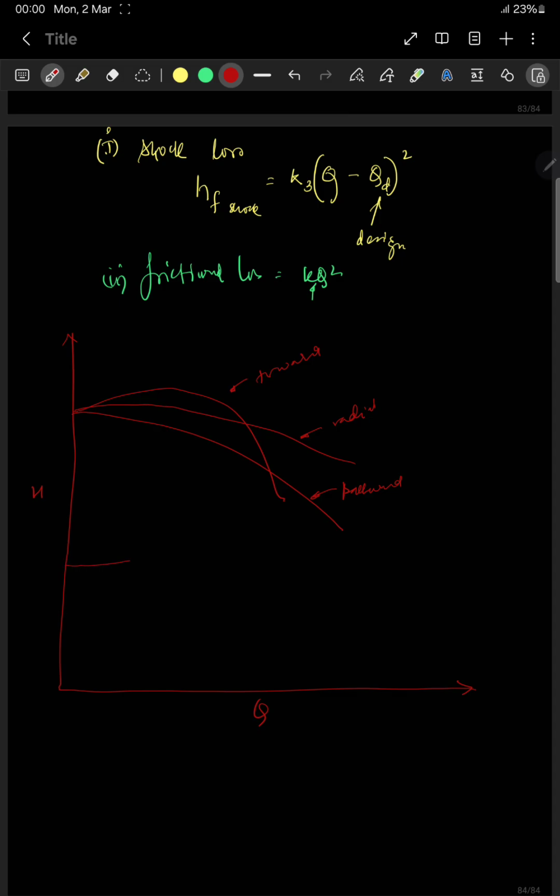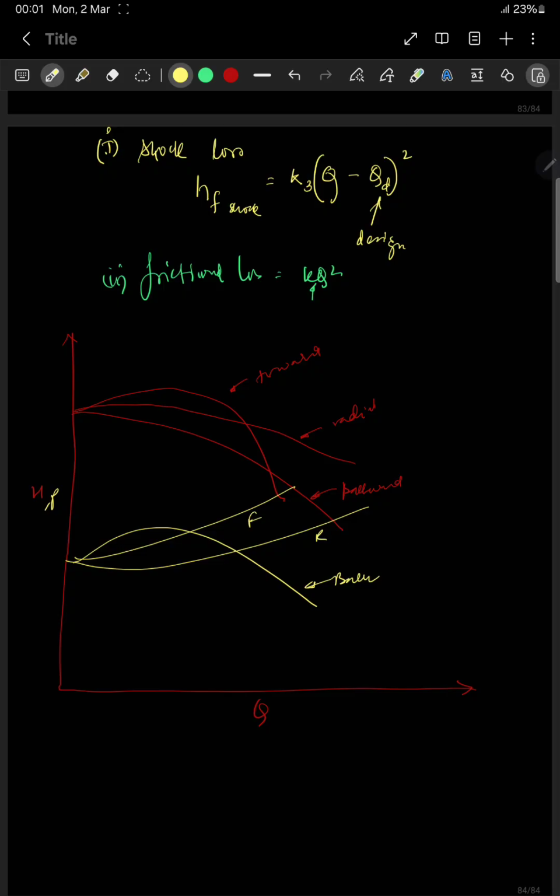Okay, power, we can also plot power. These are plots for power. This is backward, this is radial, this is forward.